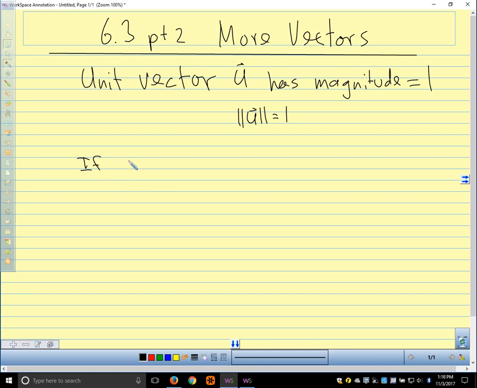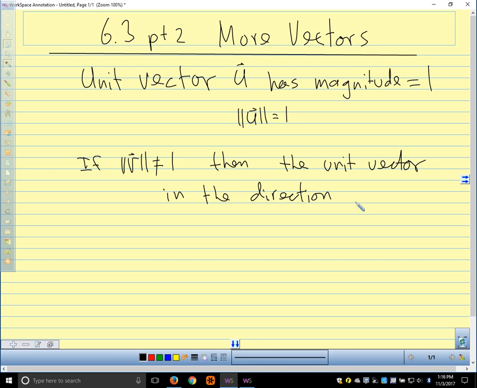So if we have a vector v that doesn't have magnitude 1, well, we can find a unit vector in that same direction. What we want to do is divide out the vector's magnitude.